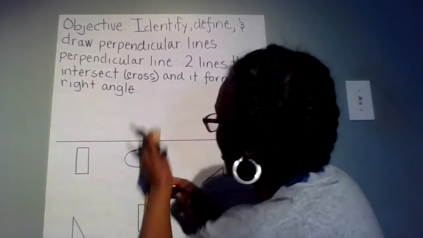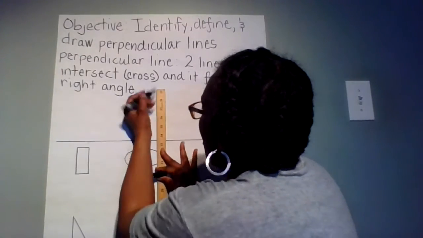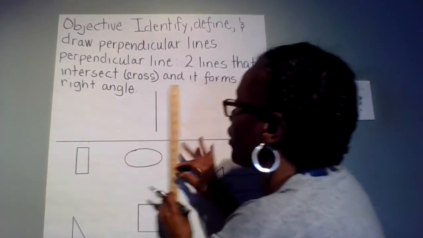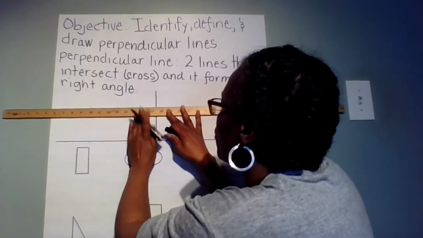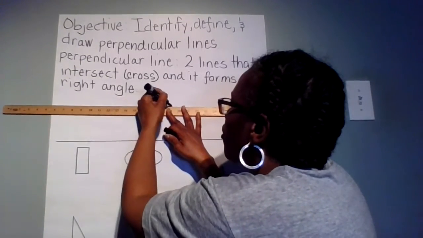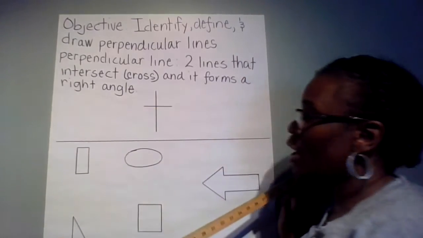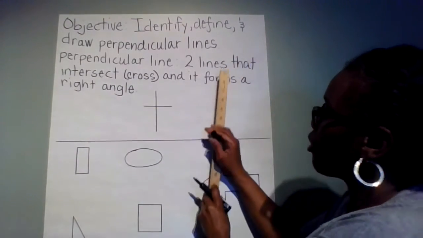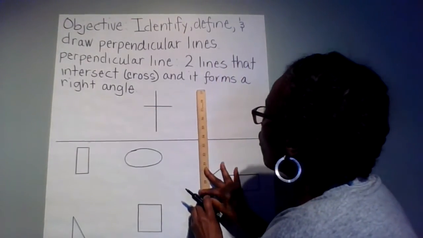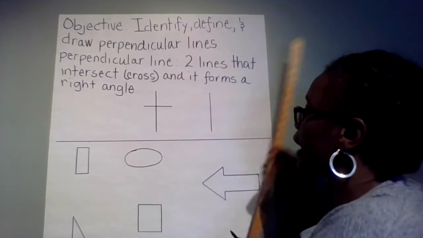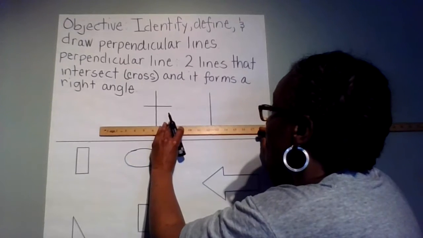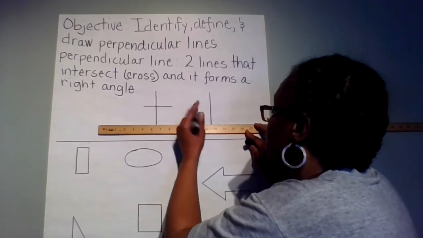So right now we're going to intersect a line. We're going to bring in our straight edge. And I'm going to draw one line going down. I'm going to go right to the middle, and I'm going to draw a line across it. I'm also going to draw another straight line here and maybe down at the bottom.